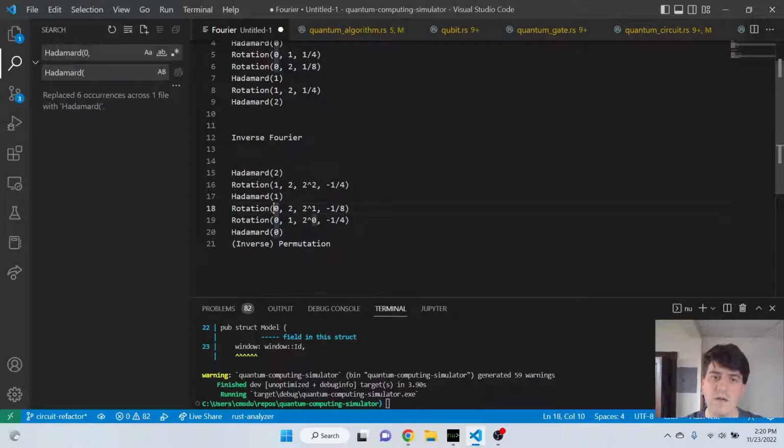Because here, start IDX is going to be 2. So 3 minus 1 is 2, minus 2 is 0. Here, start IDX is going to be 1. So 3 minus 1 minus 1 is 1.